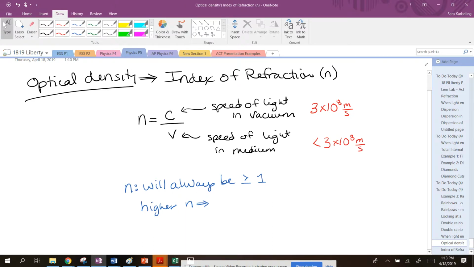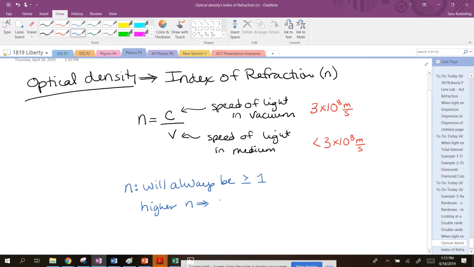Is it going faster or slower? You're right, the slower. The bigger this value is, that means the smaller this value is. That's the speed. The V is going to be slower.